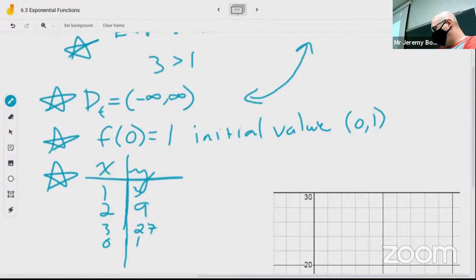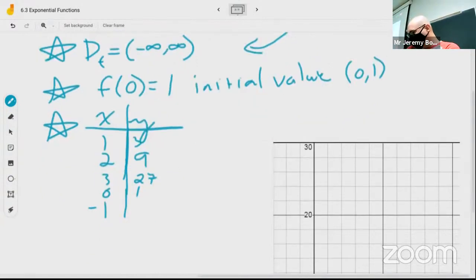Negative 1 would work. So what is it going to be when we raise it to the negative 1 power? It's going to be a fraction, and a fraction is going to be what? 1 over 3, which is about 0.33. Just a bunch of repeating 3s.